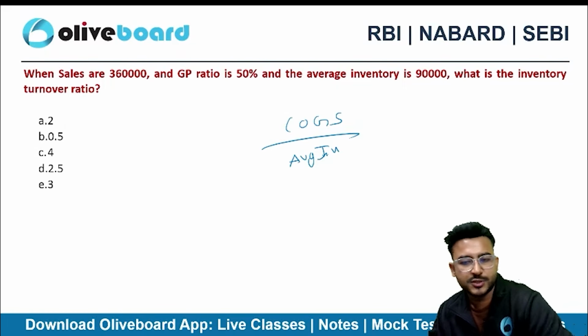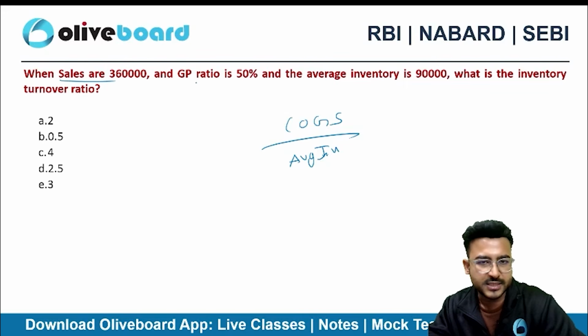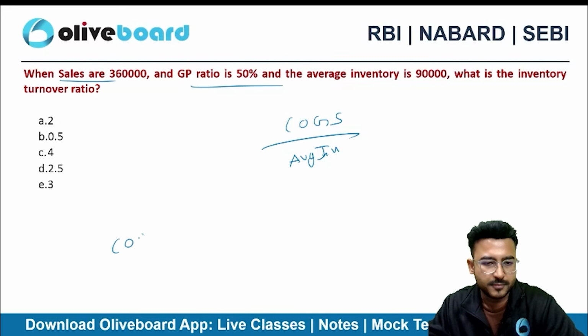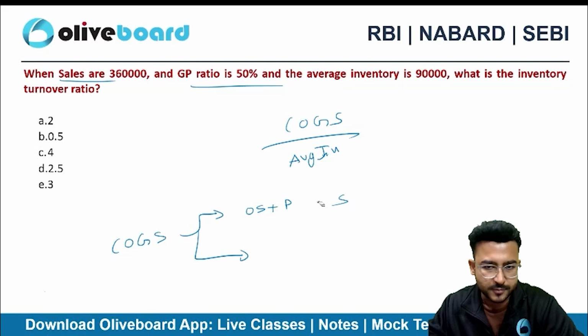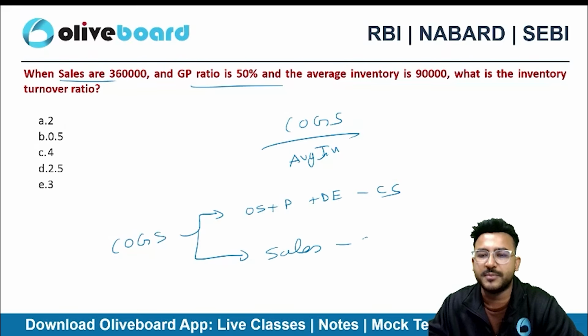So cost of goods sold, sales minus my GP ratio. There are two methods of computing cost of goods sold: opening stock plus purchases minus my closing stock. Acha, we need to also incorporate direct expenses. Opening stock plus purchase plus direct expenses minus my closing stock, or I can say sales minus my GP ratio.